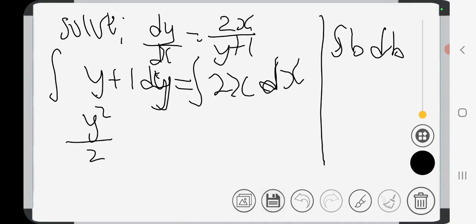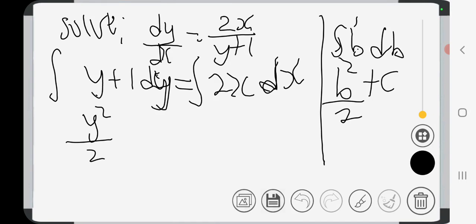To integrate, you just add 1 to the power. There is 1 there before, 1 plus 1 gives us 2, then you divide by that and add the arbitrary constant.